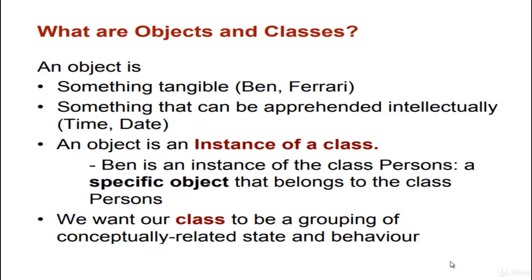An object is something tangible or something that can be apprehended intellectually, such as time, date. So an object is an instance of a class, and we want our class to be a grouping of conceptually related state and behavior.